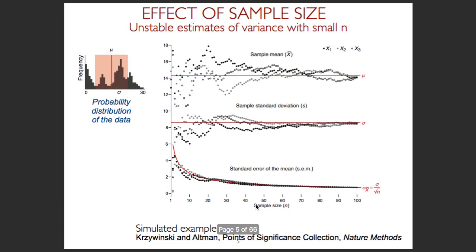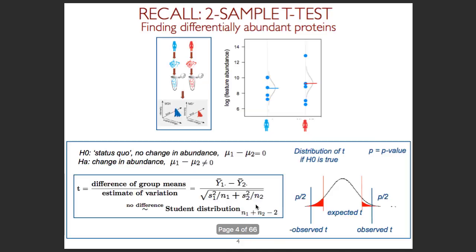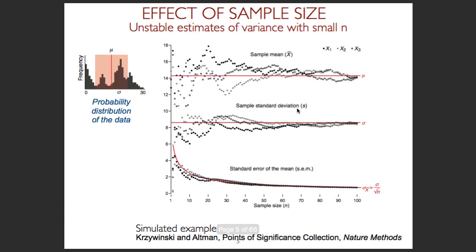This was one issue, and the other issue was the fact that the small sample size gives us difficulties in estimating the variability in each individual population. We looked at this figure last week, which comes from the Points of Significance collection in Nature Methods, and it illustrates the challenges of the sample size.